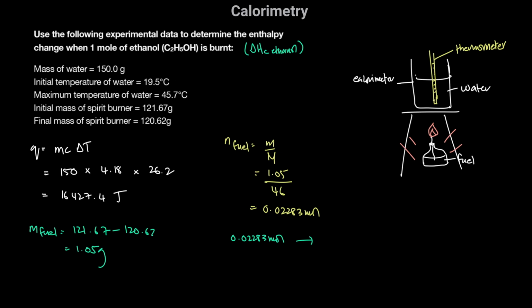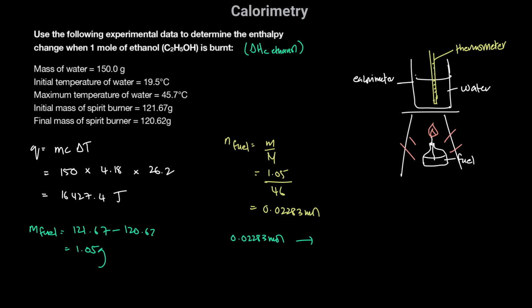That is the amount of energy the system is releasing. So if Q is positive, then delta H would be negative. The system is releasing heat, the surroundings are gaining heat. So if Q is positive, delta H is negative.